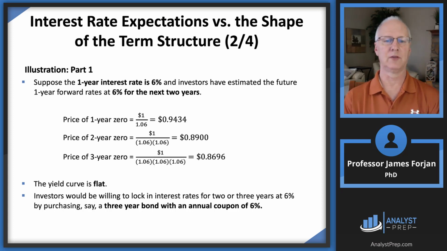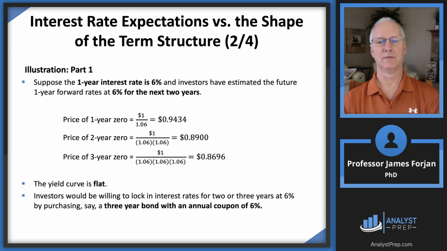So this is an example in which the yield curve is flat, and investors are willing to pay lower prices for longer term maturity bonds because they're going to realize the effects of compounding. So that 3-year zero is only about 87 cents because you're going to get 6% and then 6% and then 6%. And the important part of the beginning of this chapter is that those 6% are guaranteed.